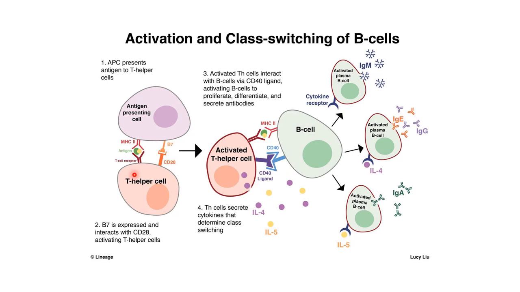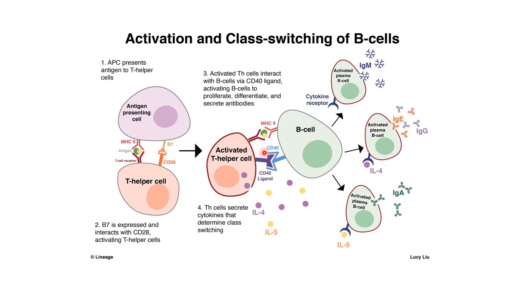After recognizing the antigen, it will become activated and will further activate another class of lymphocyte, the B cell, which further differentiates into antibody secreting plasma cells. And these plasma cells will be the ones that produce the antibodies that are specific to the presented antigen.